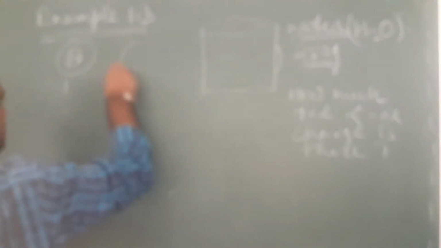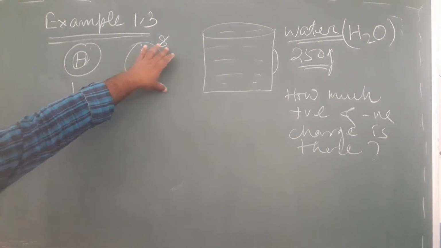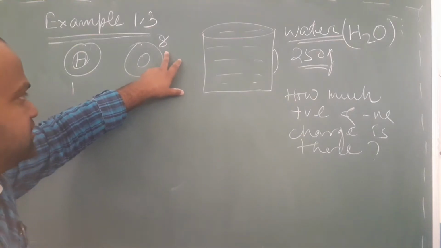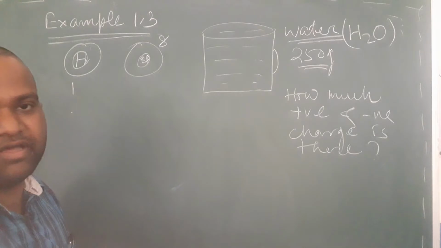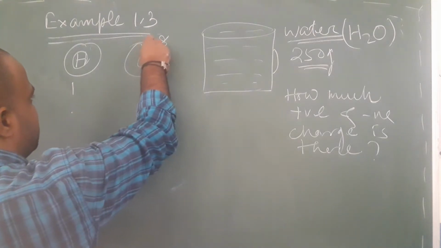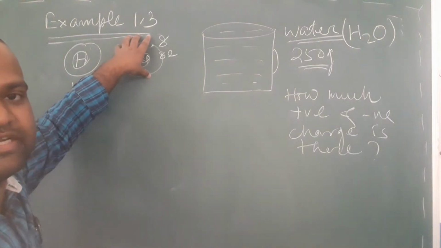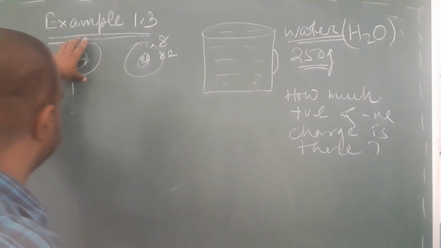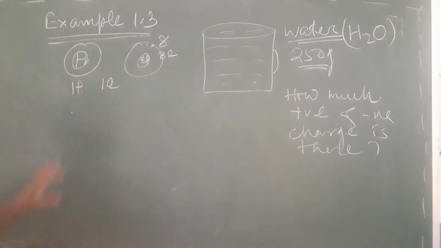Now oxygen, what is its atomic number? Oxygen's atomic number is 8. That means 8 protons and 8 electrons are there in an oxygen atom, and in a hydrogen atom 1 proton and 1 electron are there, right?